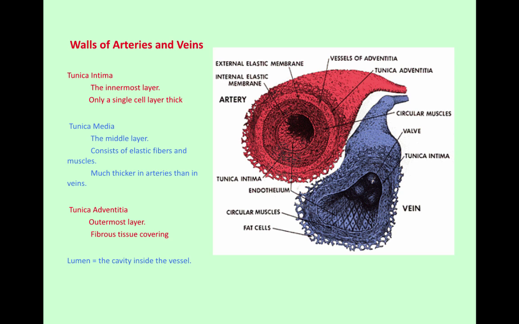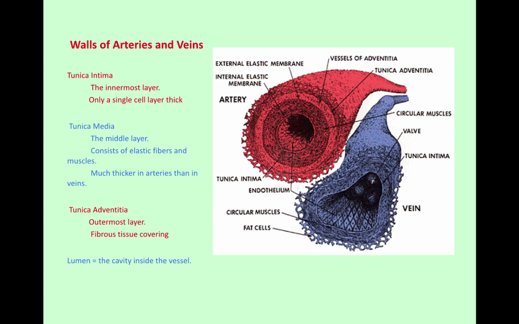So just a real quick picture of the arteries and veins. Just remember that there are those 3 layers, right? There's the tunica intima, the media, and the adventitia, which is the outermost.